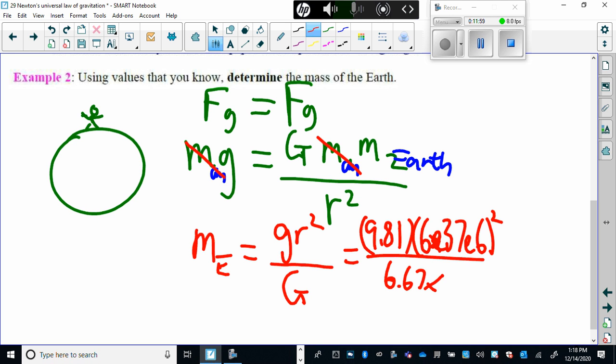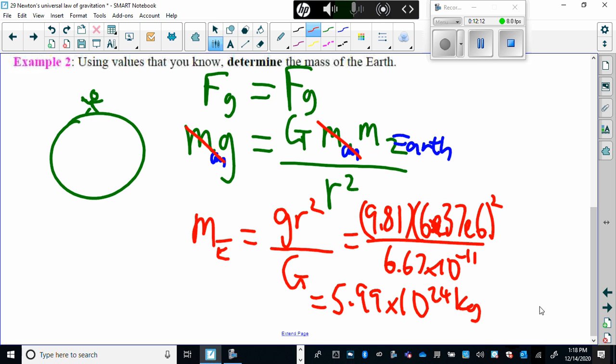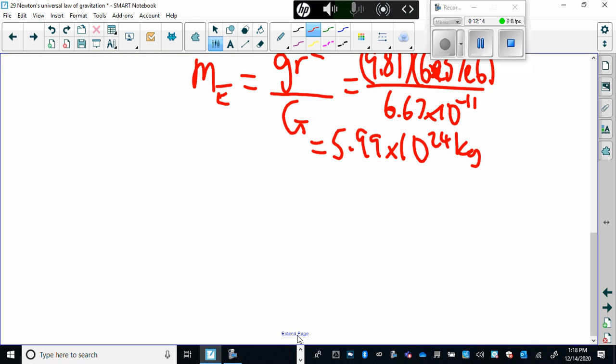And if you put all that into your calculator, you end up with 5.99 times 10 to the 24 kilograms, which is pretty close to the generally accepted value of the mass of the Earth, the one that's on your formula sheet, which is 5.97 times 10 to the 24 kilograms. So that's how we measured the mass of the Earth.